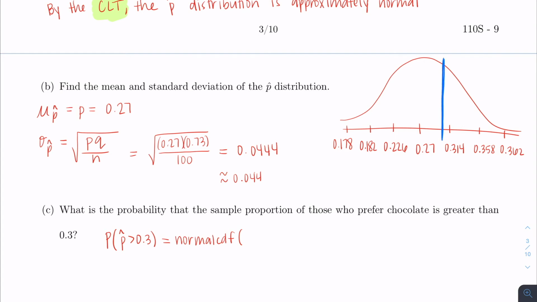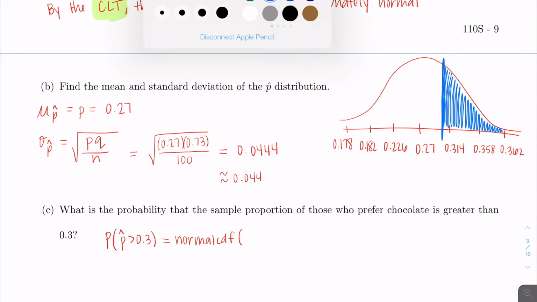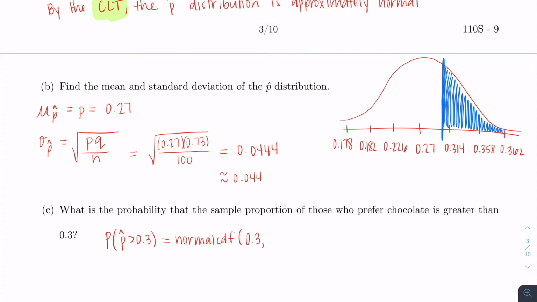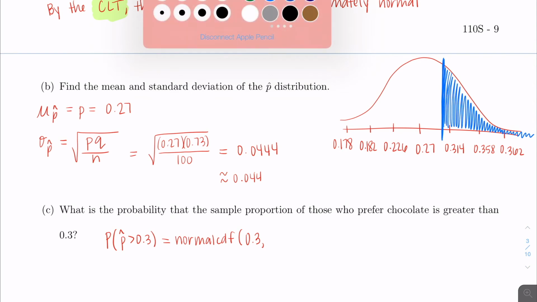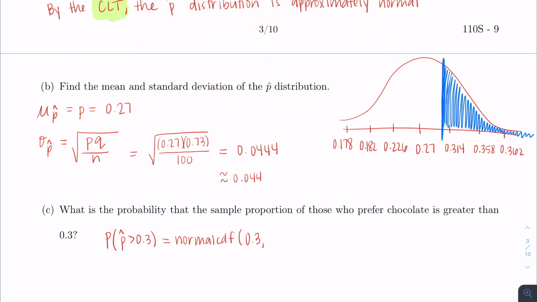So I want to find the area under the curve to the right of 0.3, which means 0.3 is the smallest number I want to see. And since I essentially want every single value greater than 0.3, I don't have a stopping point. And so I'm going to use a ridiculously large number as my stopping point.